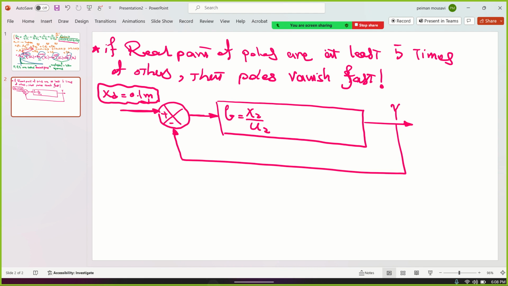It was like this: s squared plus s plus 13 over s^4 plus s cubed plus 17 s squared.